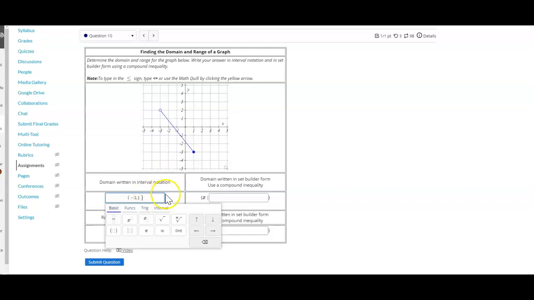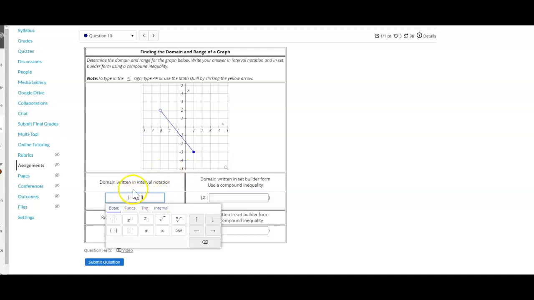Is everybody okay there? If you haven't seen interval notation for a long time or ever before, please speak up, because there are a lot of people in your shoes and I want to make sure it's clear why we're using the parenthesis, why we're using the bracket, and that we're looking at it from left to right.